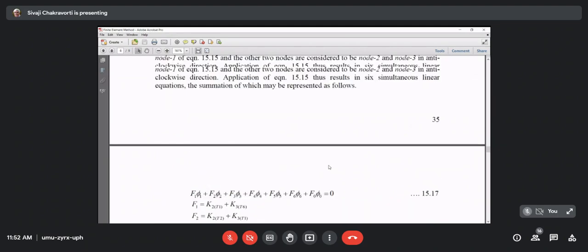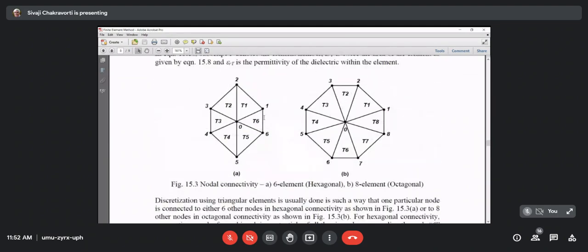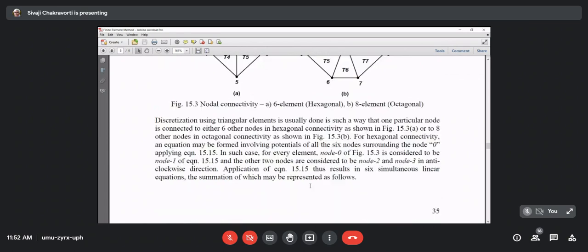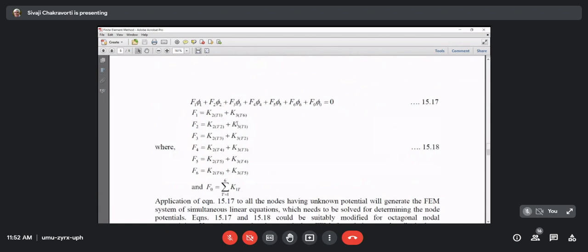Similarly phi 2 belongs to triangle 1 as node 3 and triangle 2 as node 2. So you can say F2 is the coefficient of phi 2. So F2 is K2 of T2 and K3 of T1.